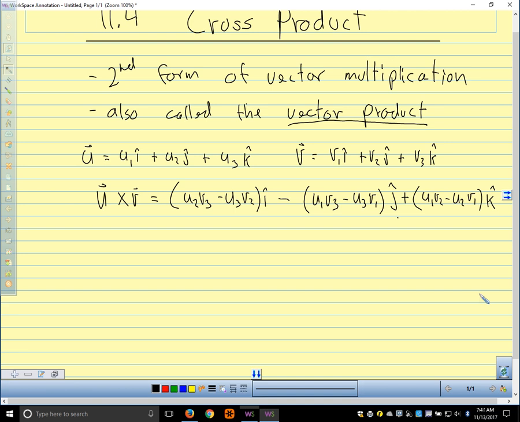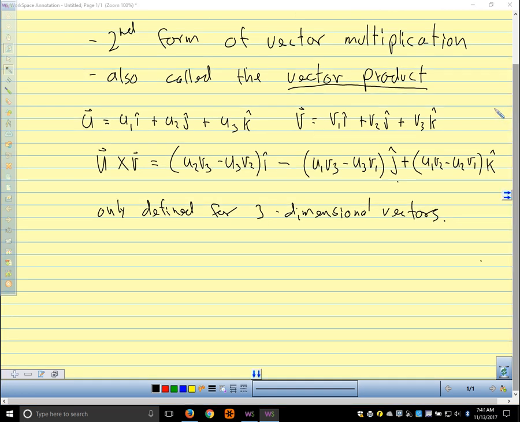Cross products are only defined for three-dimensional vectors. And we'll talk about why in just a second.